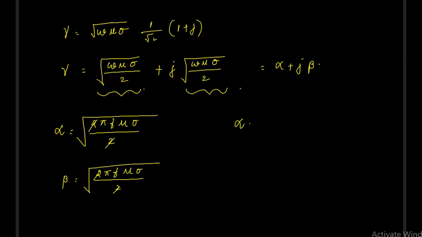So alpha is the square root of pi f mu sigma, and beta is the square root of pi f mu sigma.